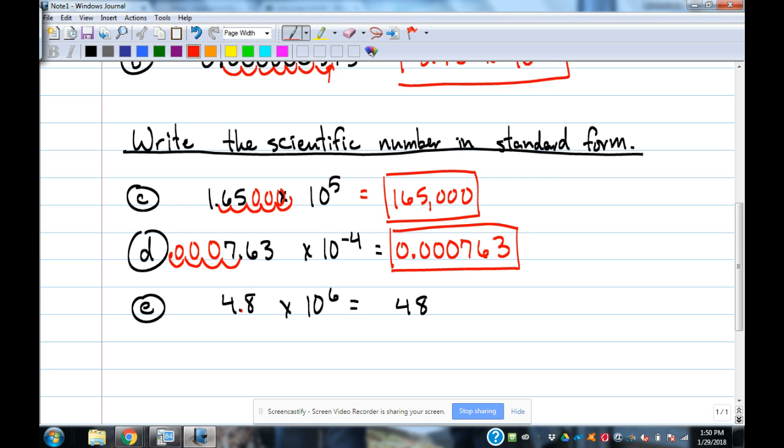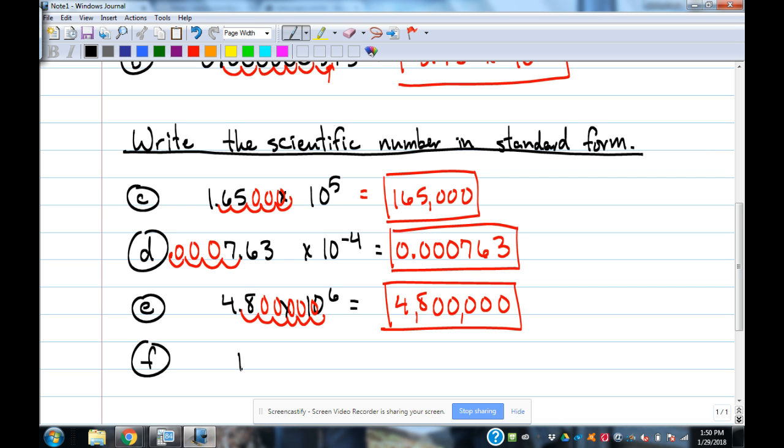And to be in standard form, it's adding 5 zeros. 4,800,000. Okay, change that to red.